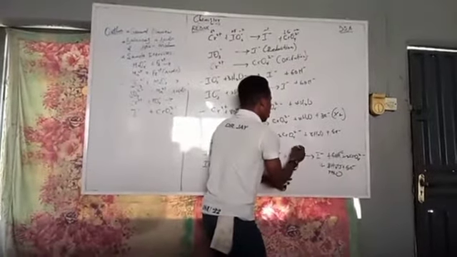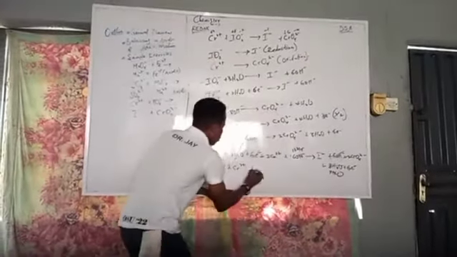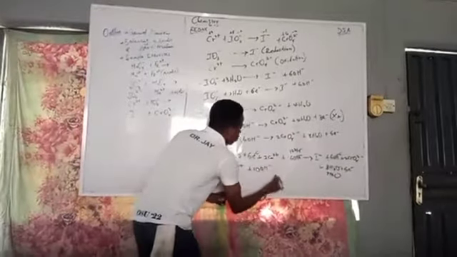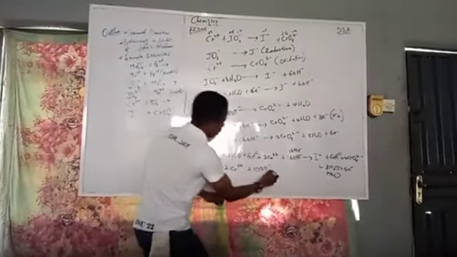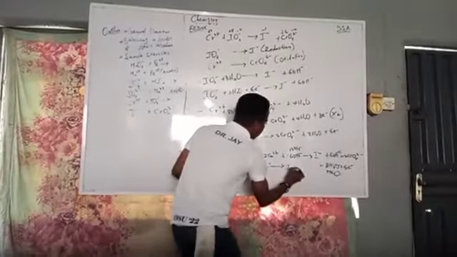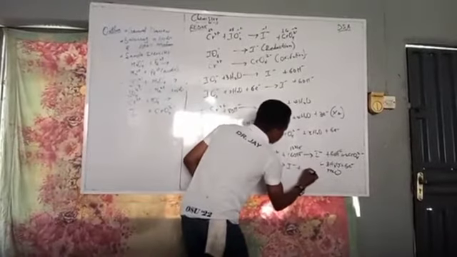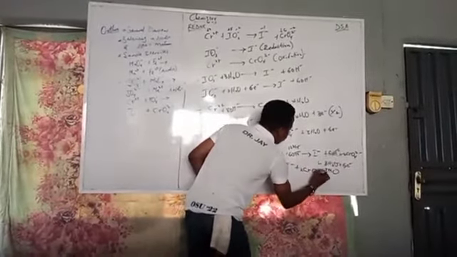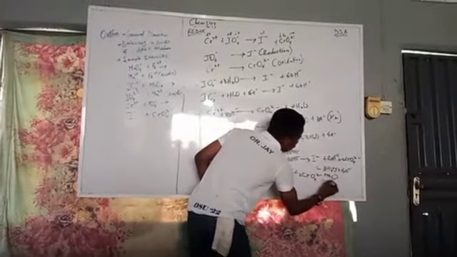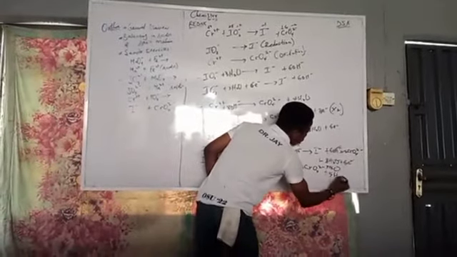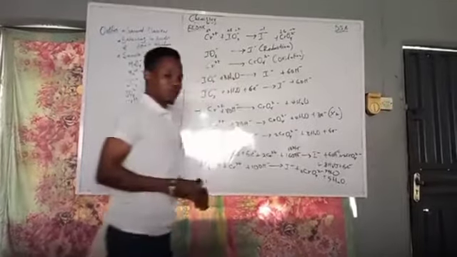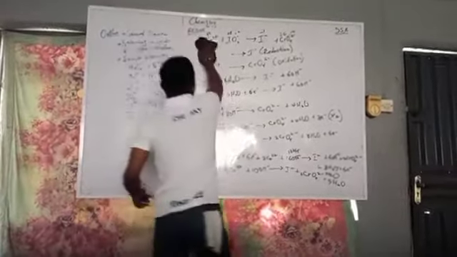This is making this 10OH-. So you have plus 10OH-. Right? So you go to this side, you have I-, you have CrO4 2-, and then you have 5H2O.